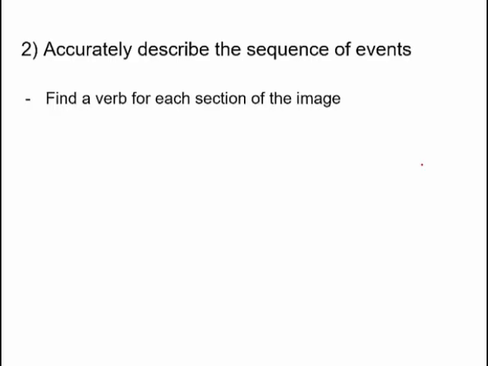What action do you notice going on in each stage, in each step of the process that you're looking at? You can really boost your score on these essay questions by finding really descriptive and accurate verbs to describe the actions that you see in the image. So focus on verbs. Think about, what verb really captures the action that I see going on in the image.